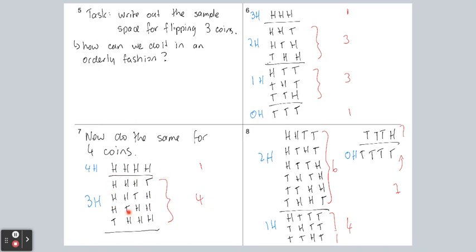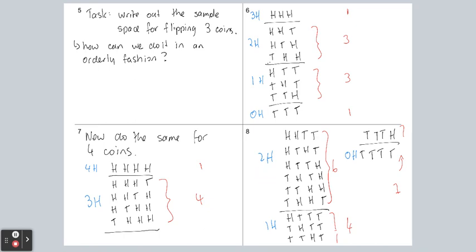But we're grouping these together, and what I'll do is use the number 4 to denote how many ways I can get 4 heads. I will use 3 to denote how many ways I can get 3 heads out of 4 coins.